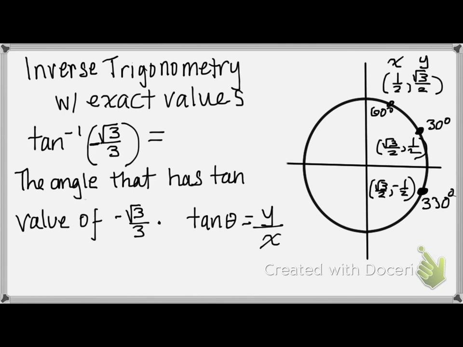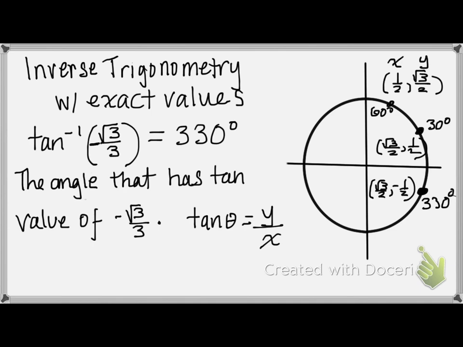All right, so I've got a negative there. And when I do the negative 1/2 over rad 3 over 2, I'm going to get negative 1 over rad 3, which is negative rad 3 over 3 after I rationalize the denominator. So I seem to have it. And I might want to say 330 degrees.